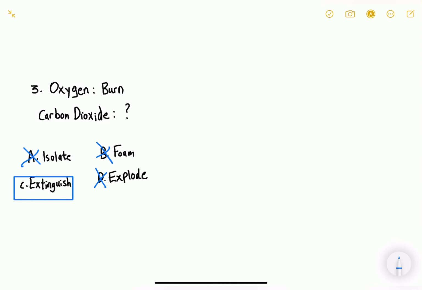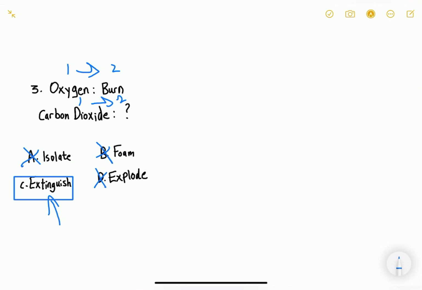But through understanding and logic, let me explain to you. We said that oxygen helps burning. So this helps this. And what does carbon dioxide do? Carbon dioxide extinguishes fire. So we know that the answer is C.